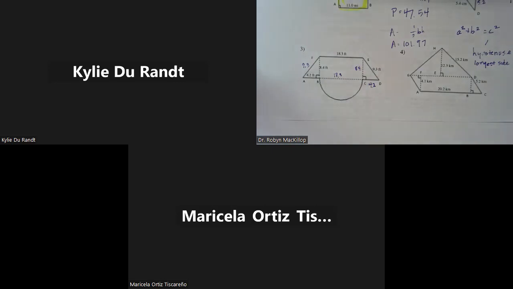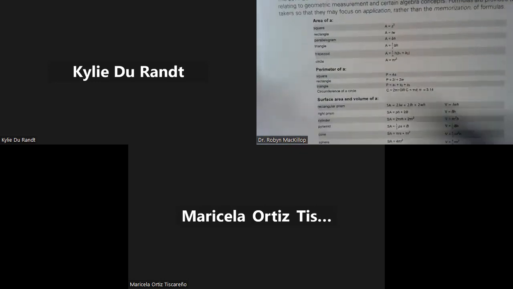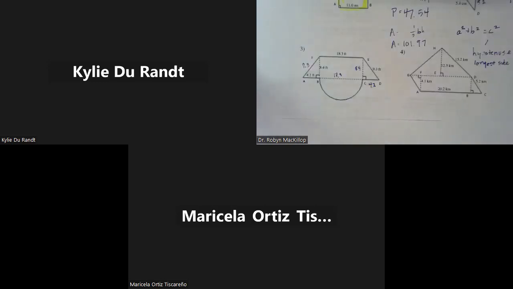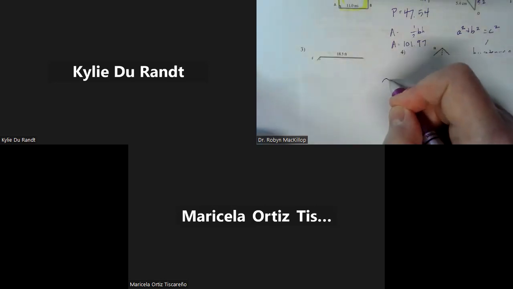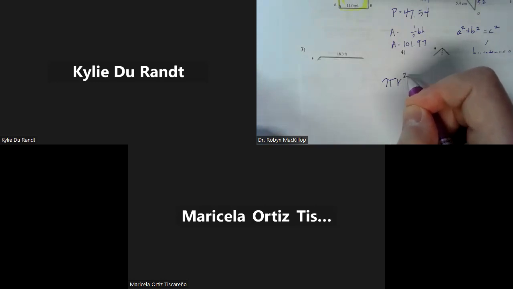So let's grab this. The circumference is the distance around the circle, but we want the area. We want pi times the radius squared. So pi r squared.